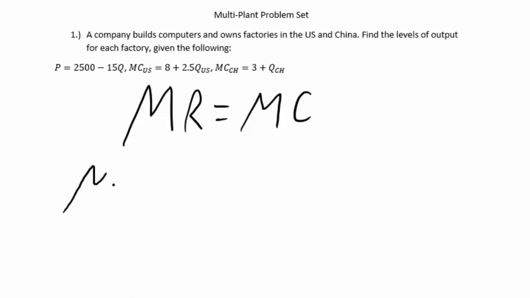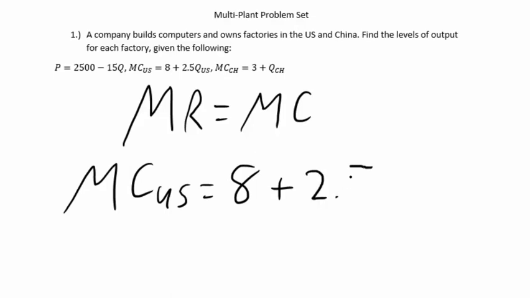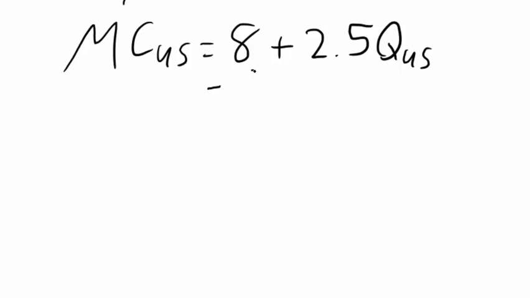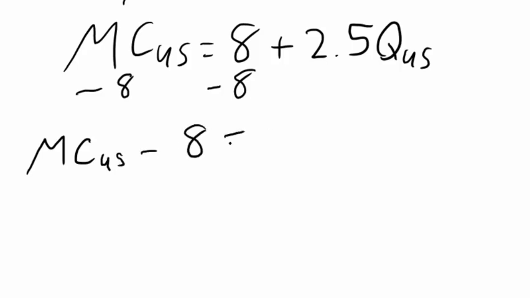So starting with the marginal cost of the United States factory, we have 8 plus 2.5 times the quantity of US. We would subtract 8 from both sides, and what we're left with is marginal cost US minus 8 equals 2.5 times the quantity of US.